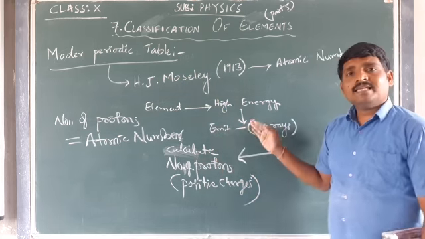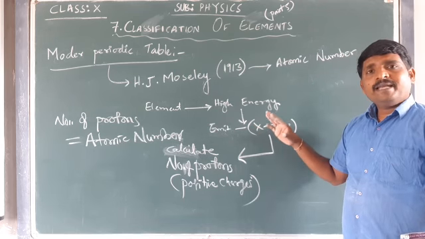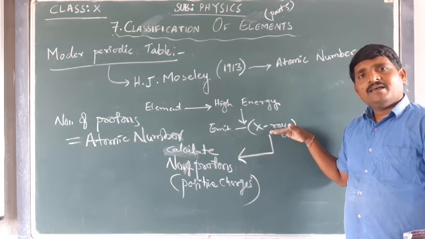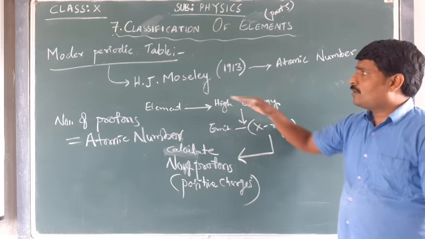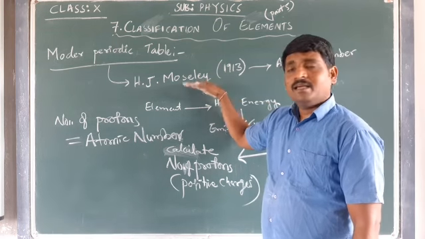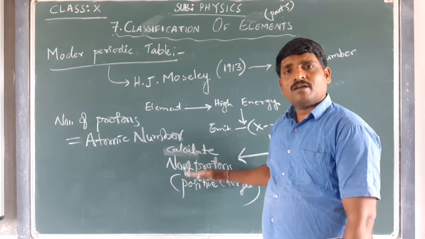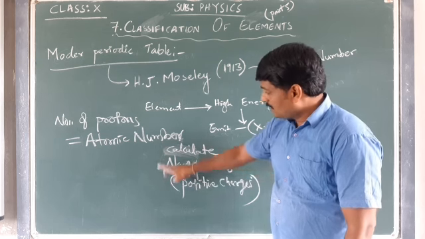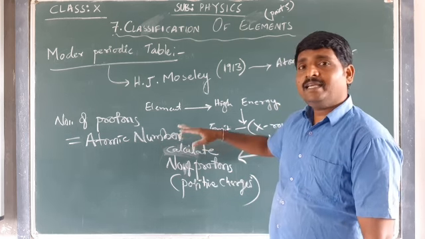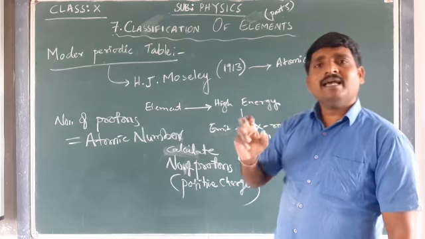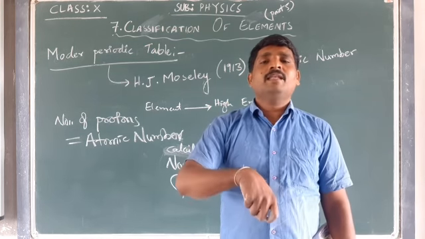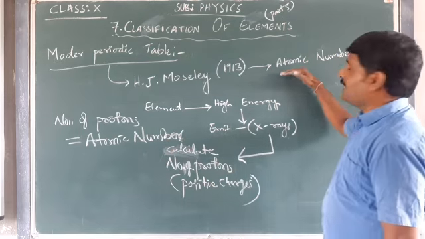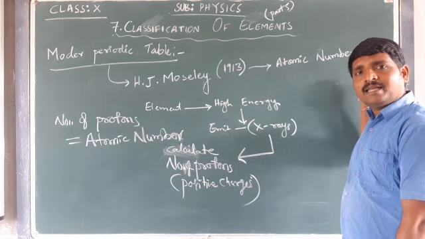Like that, depending on the X-rays emitted by the element, H.J. Moseley was able to count the number of protons, and this helped him assign an atomic number to that element, and he was able to arrange the elements according to their atomic numbers.